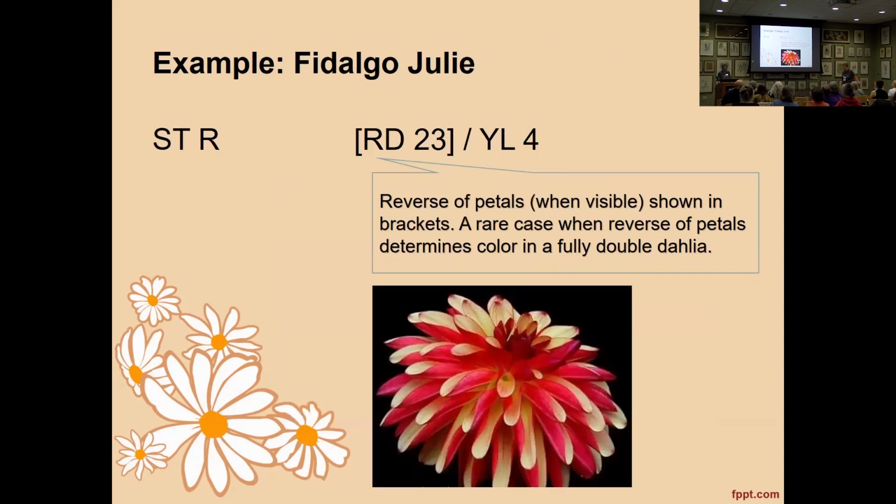This is Fidalgo Julie, Stellar Red. The reverse is the Red 23, and the face of the petals is Yellow 4. So the reverse is listed first in brackets, and then the face color.